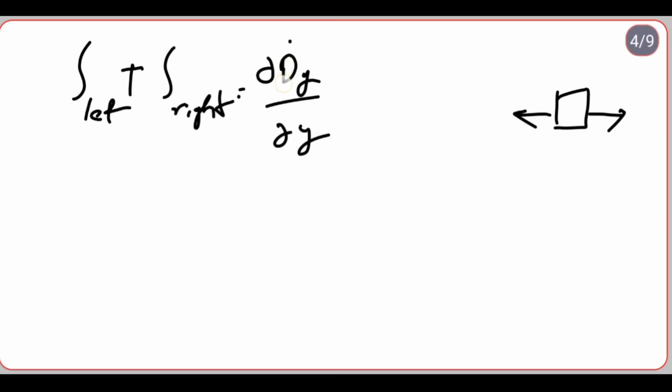The field, the electric flux density, is in the y-axis direction. Similarly we obtain delta x, dou Dy by dou y, delta x delta y delta z. Make it equation number 5.